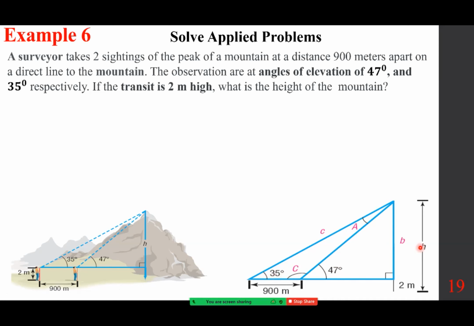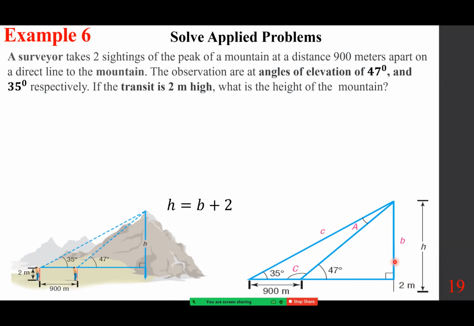We want the height. Therefore, the height is b plus 2. So all we have to do is find b. We want to find b and add 2.